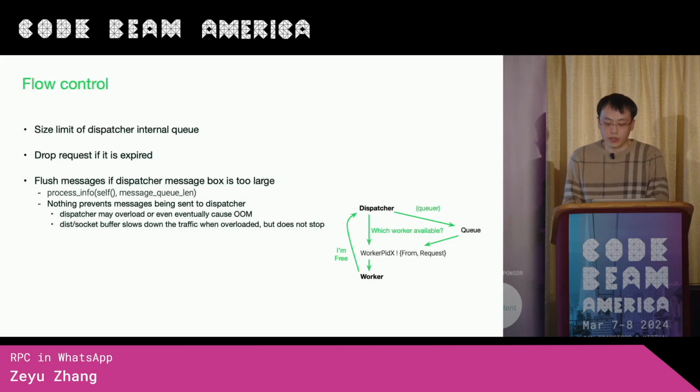This is because we don't have anything that prevents messages being sent to the dispatcher, and the dispatcher may overload or even eventually cause OOM, out of memory. Erlang distribution or socket buffer may slow down the traffic when overloaded, but it does not completely stop the traffic, so we need extra prevention.